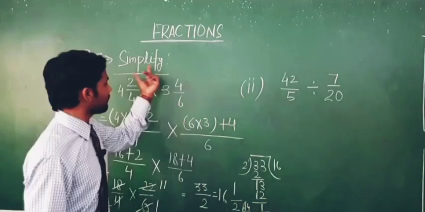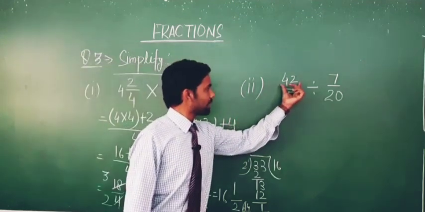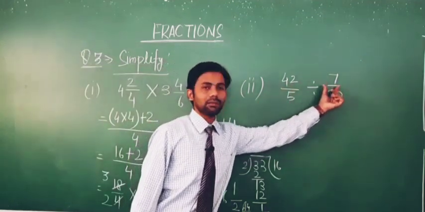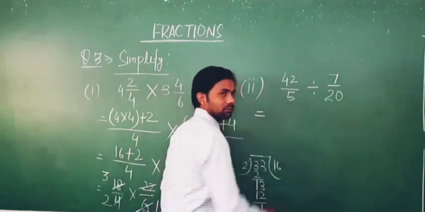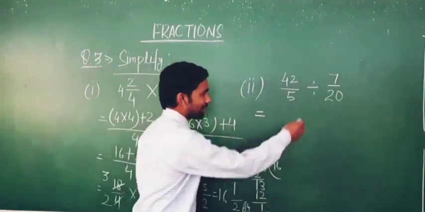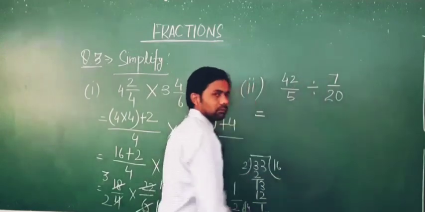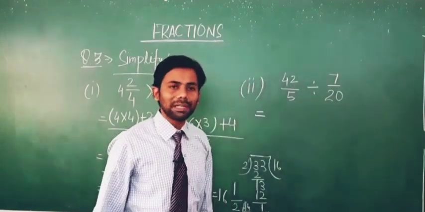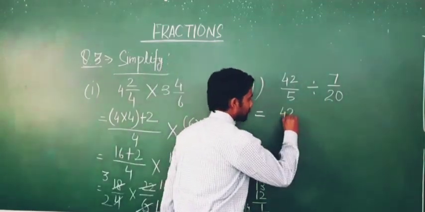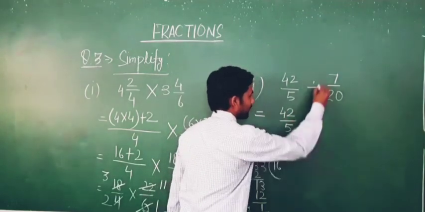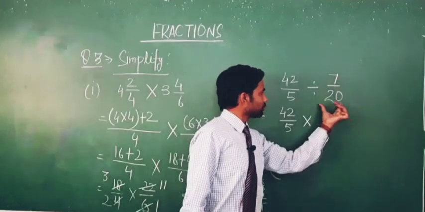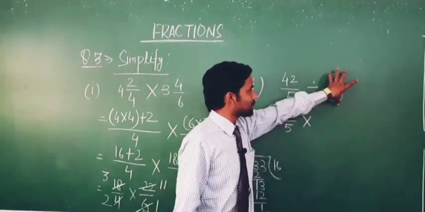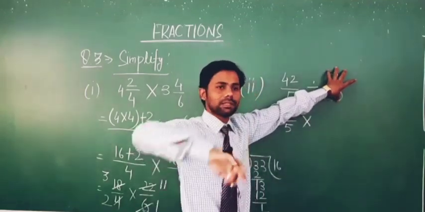This is the answer. Second part of the simplify, the question is 42 upon 5 divided by 7 upon 20. In this question, first we replace the sign of divide by the sign of multiply. 42 upon 5, divide changes into multiply. Then after the sign, the fraction is reversed.